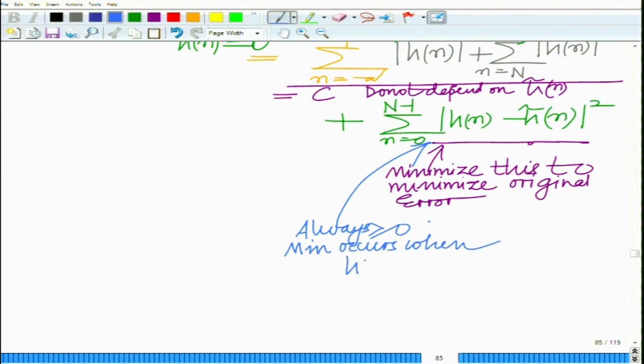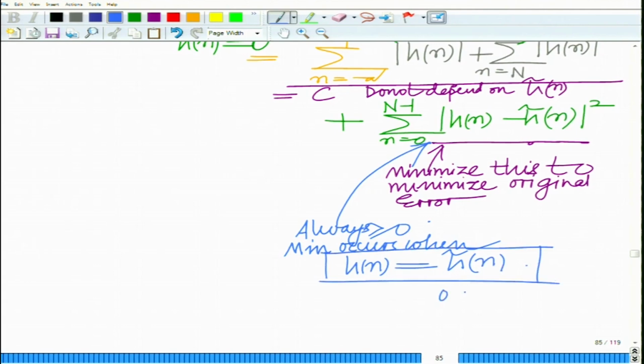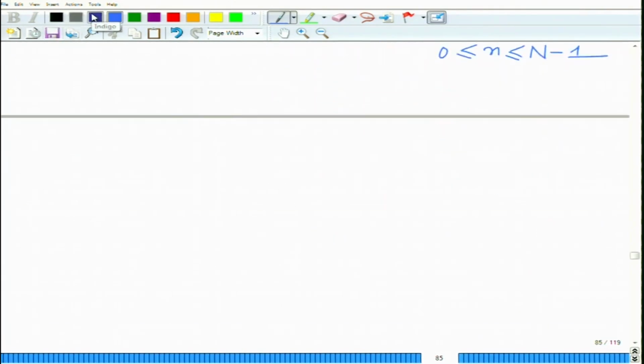The minimum occurs when h of n equals h tilde n for 0 less than or equal to n less than or equal to N minus 1.